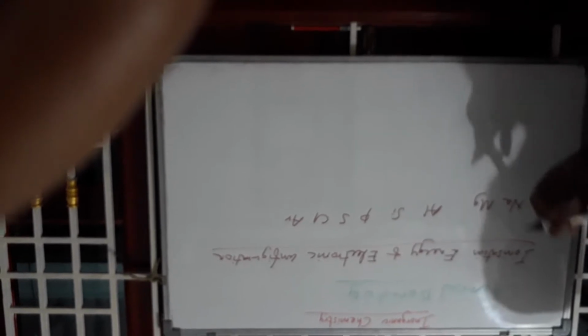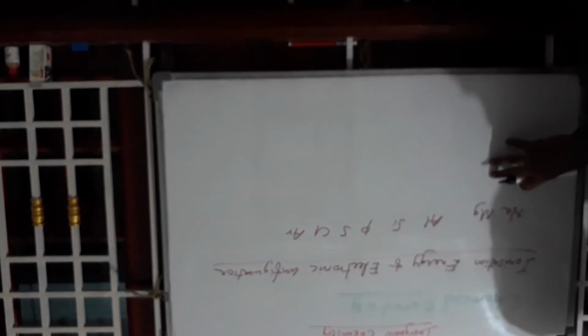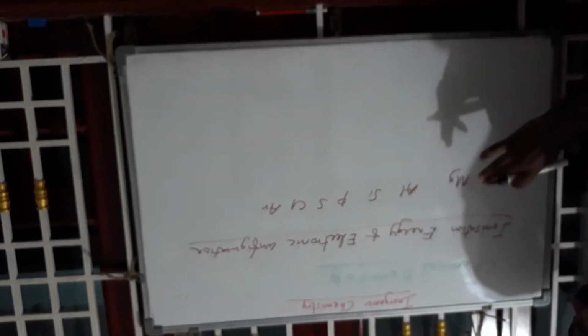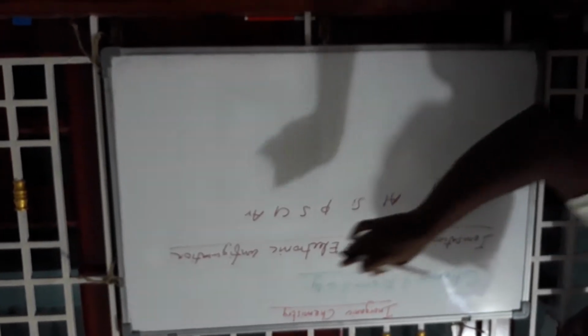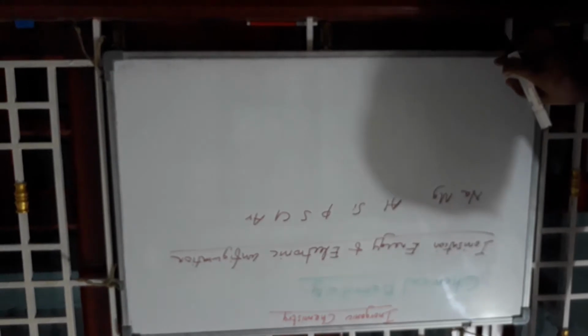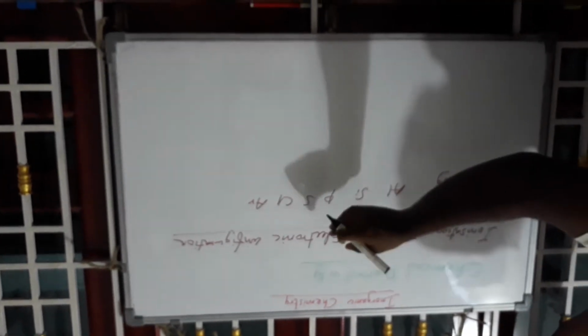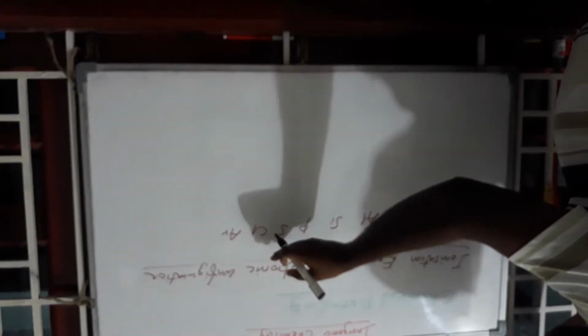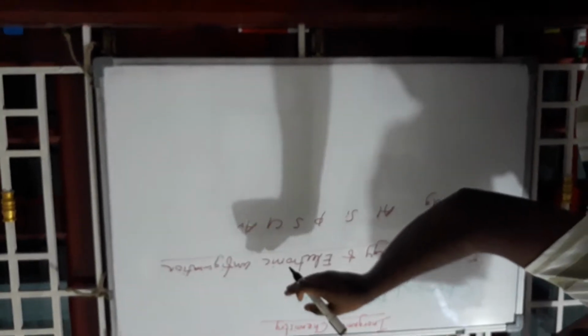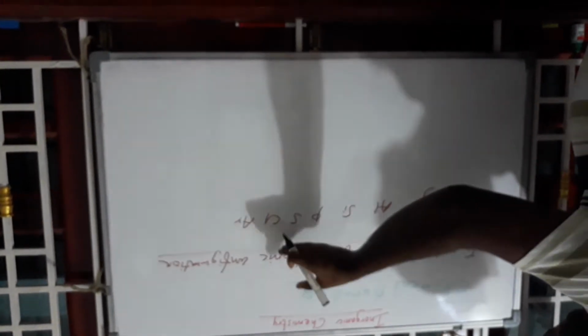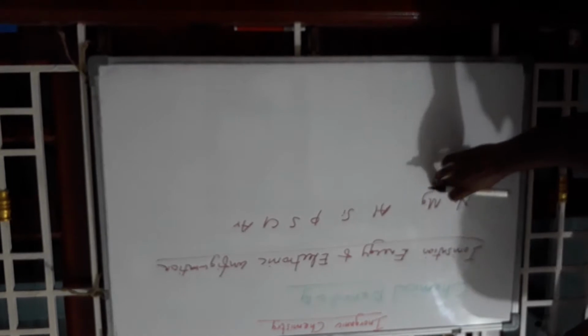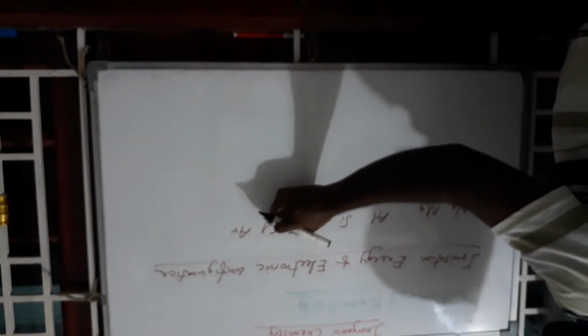Generally in a period, ionization energy increases, but it doesn't follow the same rule and has some exceptions due to electronic configuration. Half-filled or completely filled orbitals are highly stable and have the highest ionization energy. Take sodium, magnesium, aluminum, silicon, phosphorus, sulfur, chlorine, argon.